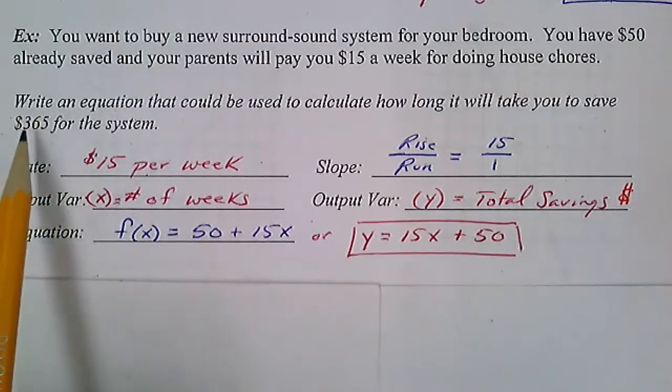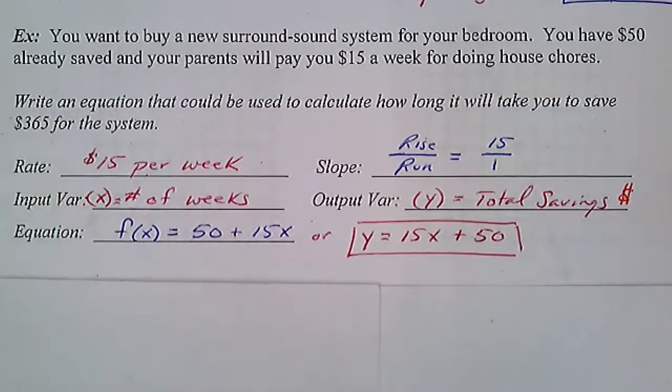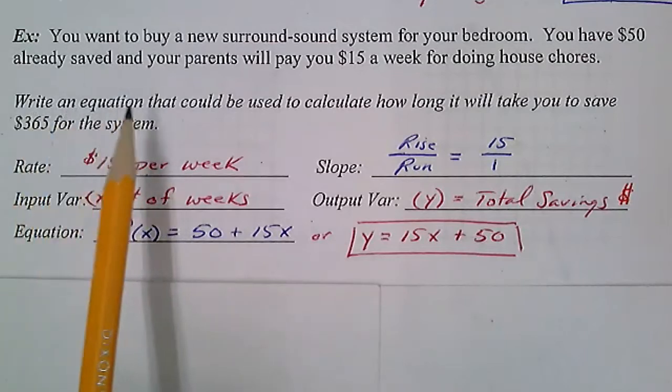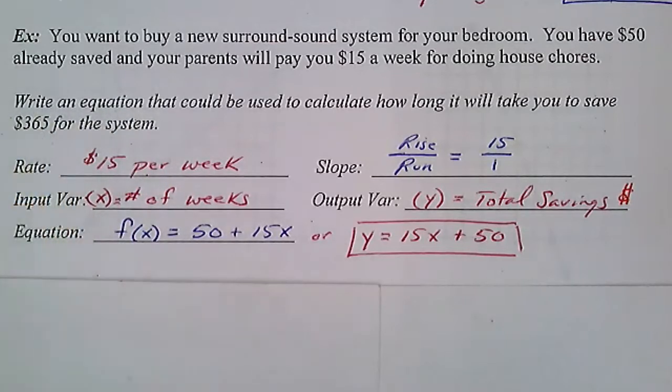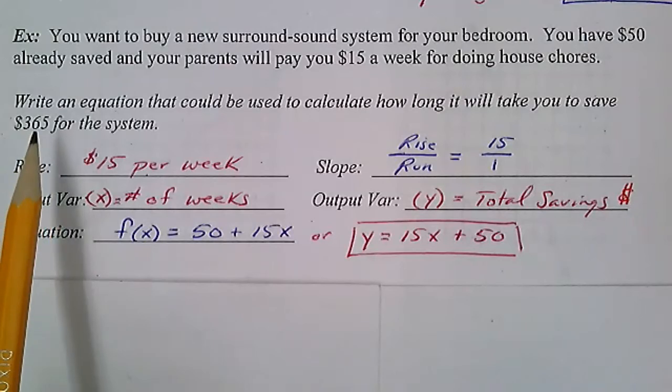Okay, so now the 365. If I wanted to figure out how long it would take to get to 365, where would I put that? That wasn't specifically in this problem. I didn't ask you to solve the problem. All I asked you to do was write an equation. But where would we put the 365? Can you figure that out? Which variable would that go in? Is 365 our input?